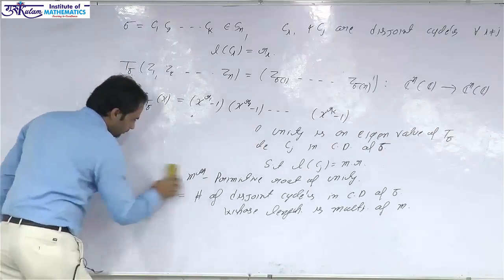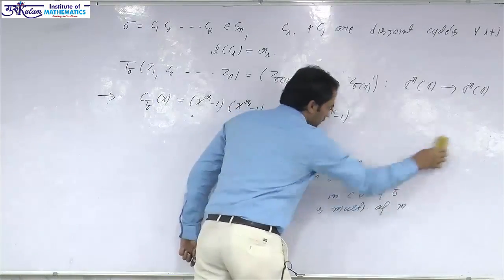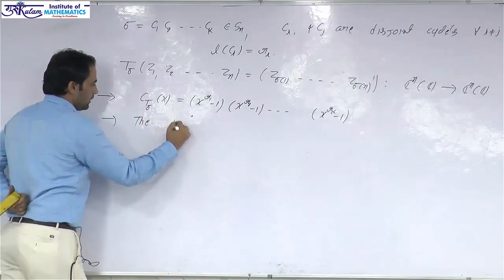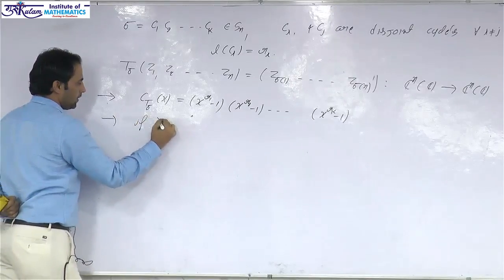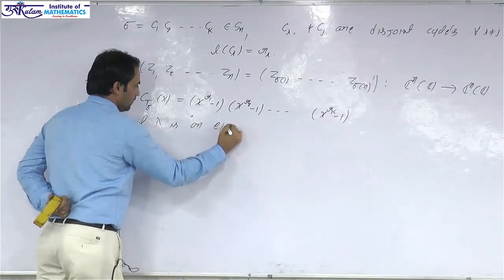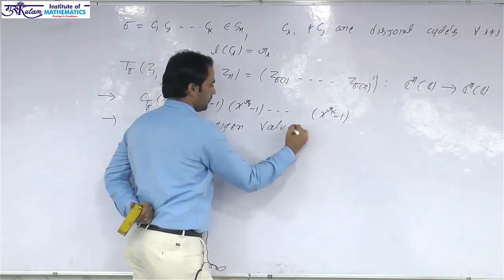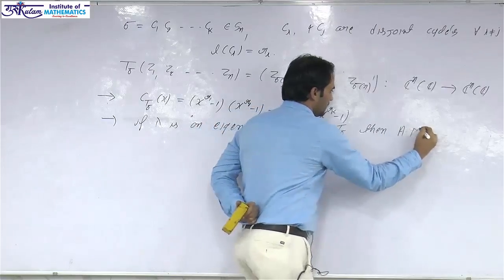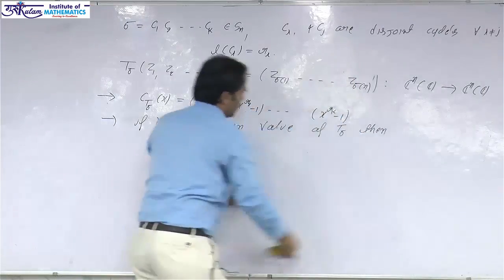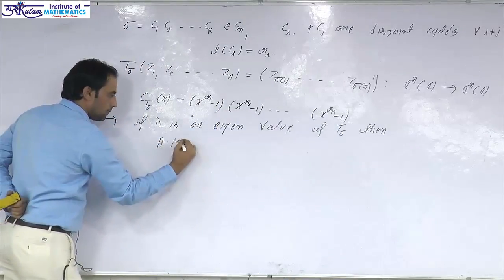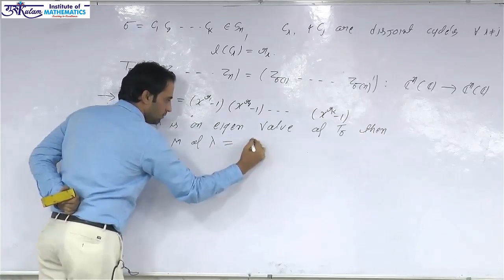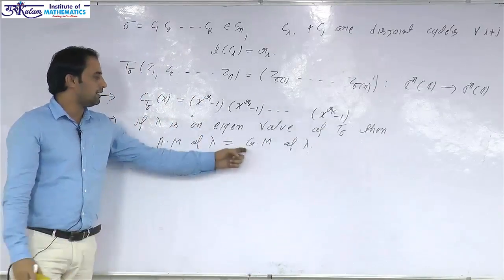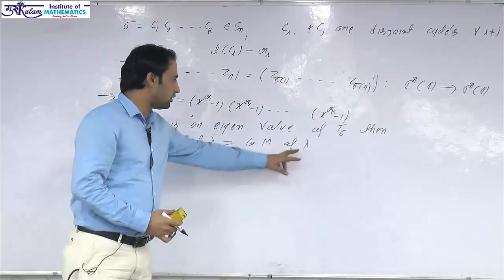The next property: if lambda is an eigenvalue of T sigma, then the algebraic multiplicity of lambda is always the same as the geometric multiplicity of lambda, where GM is the number of linearly independent eigenvectors corresponding to this lambda.